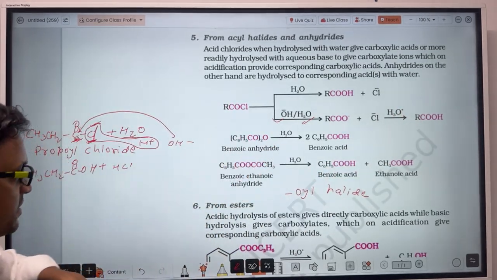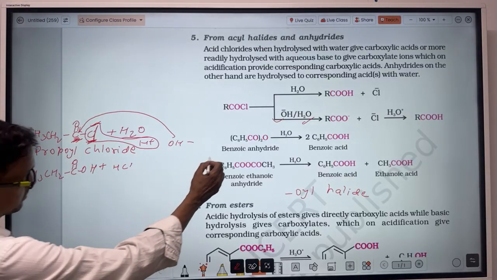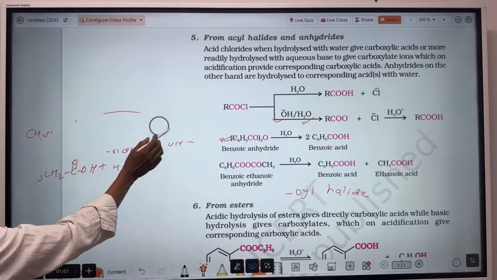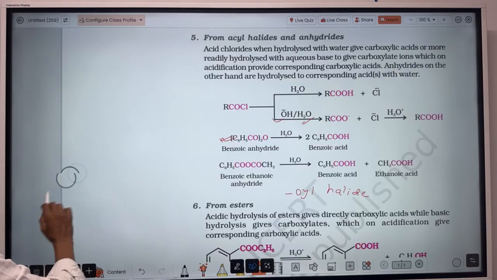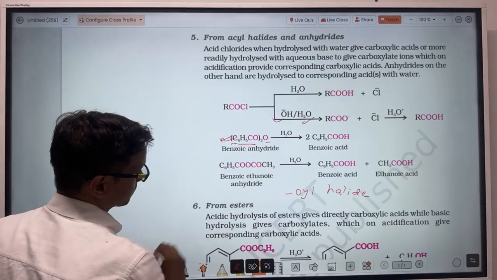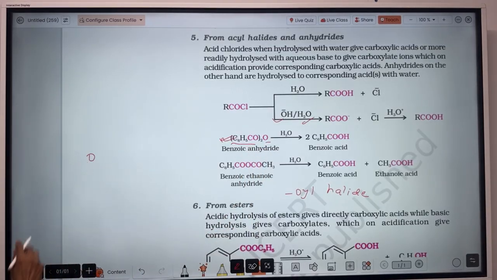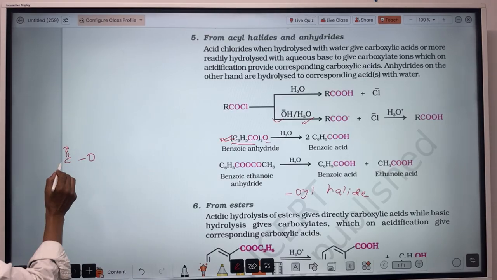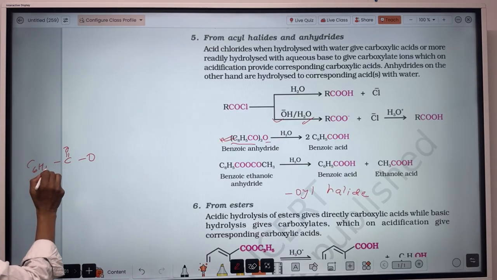Same here, let's see its structure. What's the structure of this compound, and how to write the IUPAC name of this compound? This whole is bonded to one oxygen. So one oxygen here, here is C double bond O, and here C6H5.